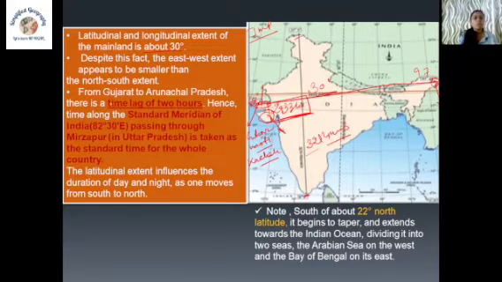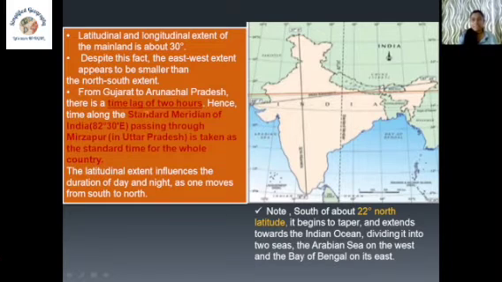Moving on, from Gujarat to Arunachal Pradesh, there is a time lag of 2 hours. Now what is this time lag? Why is there a time lag? Let us understand that, let us revisit class 6 once. In class 6 there was the lat long chapter, with longitude and time sums.